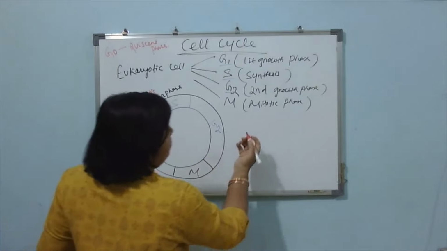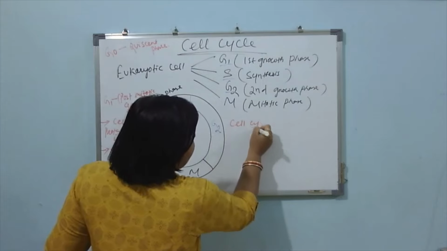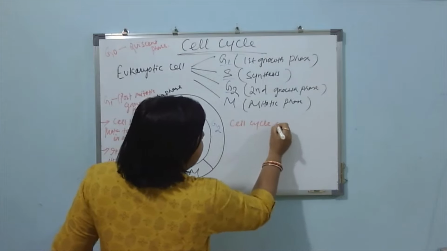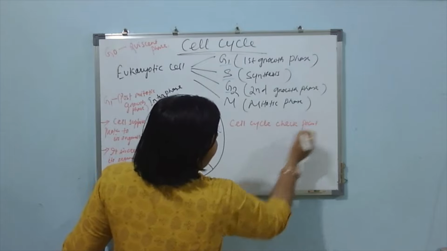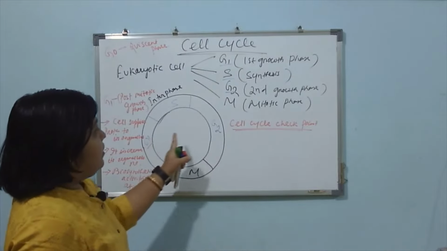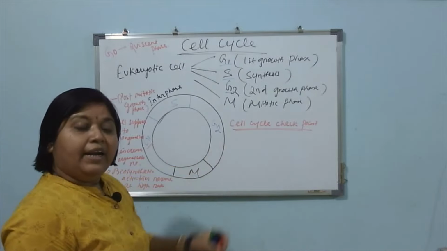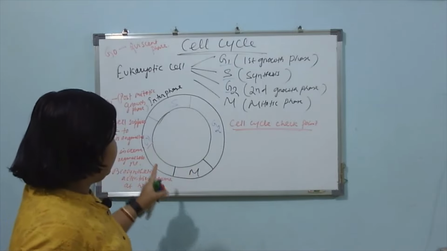That mechanism is known as the cell cycle checkpoint. You will find these checkpoints at certain key steps during the cell cycle.